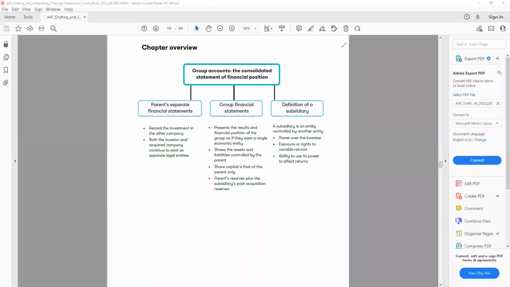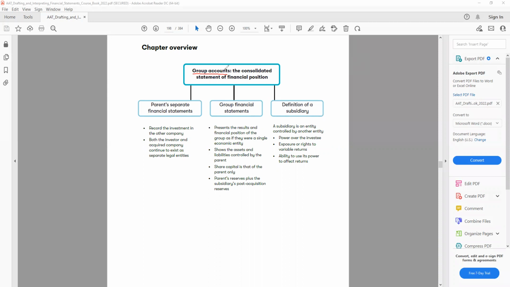The first thing we can see here is the group accounts, the consolidated statement of financial position. Now let's try to understand in a very basic way, breaking it down into very small portions and understanding the meaning of each word. So the group accounts represent the group.